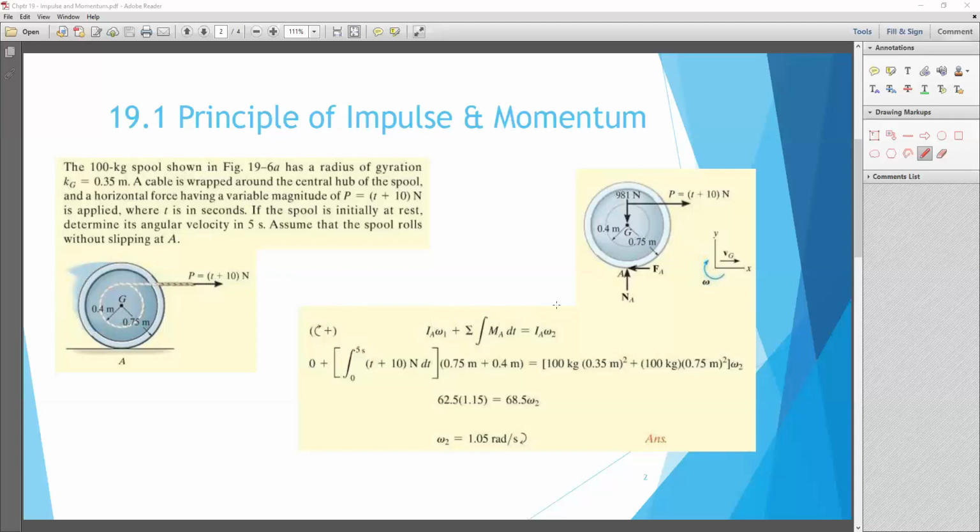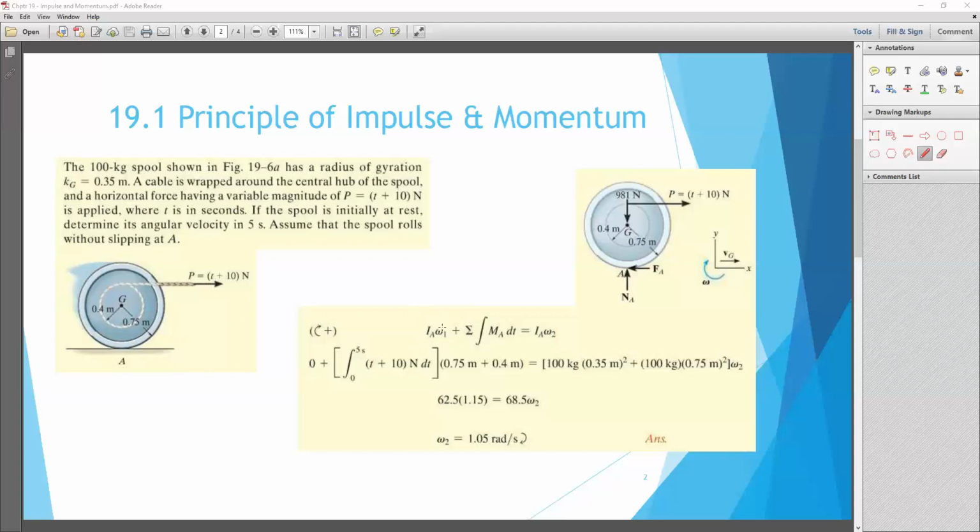The general formulation for the impulse and momentum principle is like so. We have the I_A omega 1 that is due to the initial rotation of the spool.